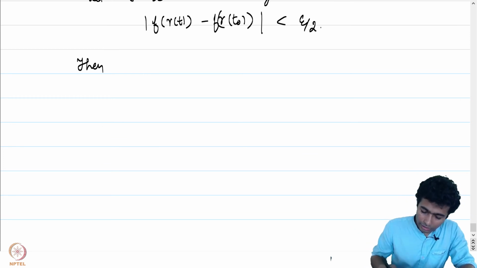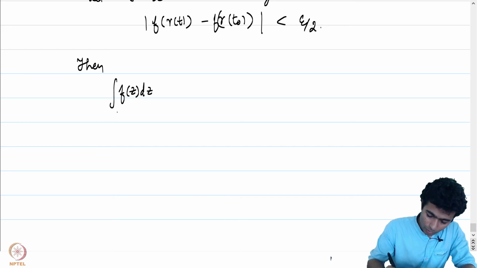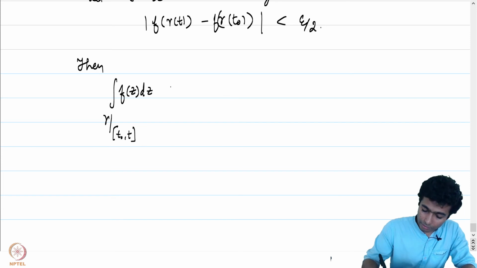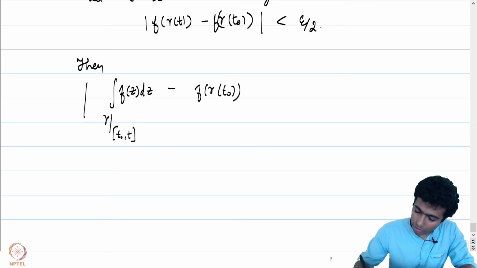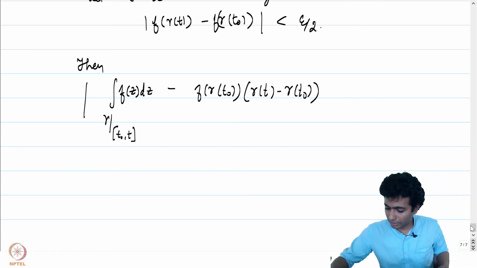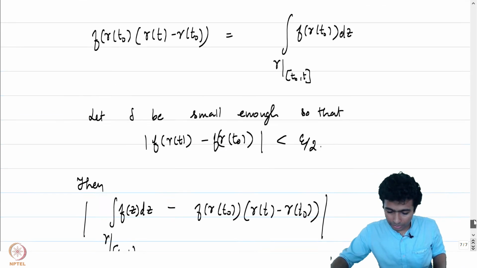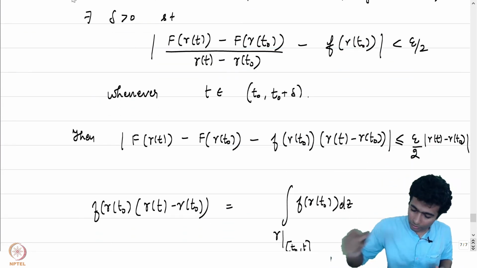Then the integral of F of z dz over gamma restricted to T naught comma T minus the absolute value of this F of gamma of T naught times gamma of T minus gamma of T naught. If you look at the quantity, this absolute value, remember that this thing on the right is exactly what we have here.